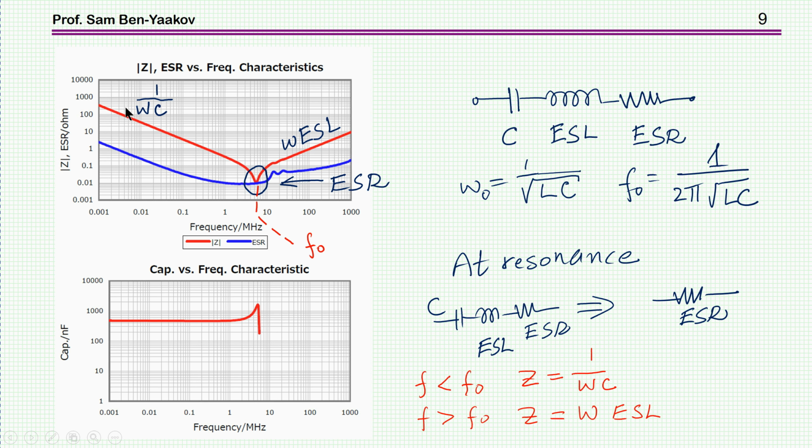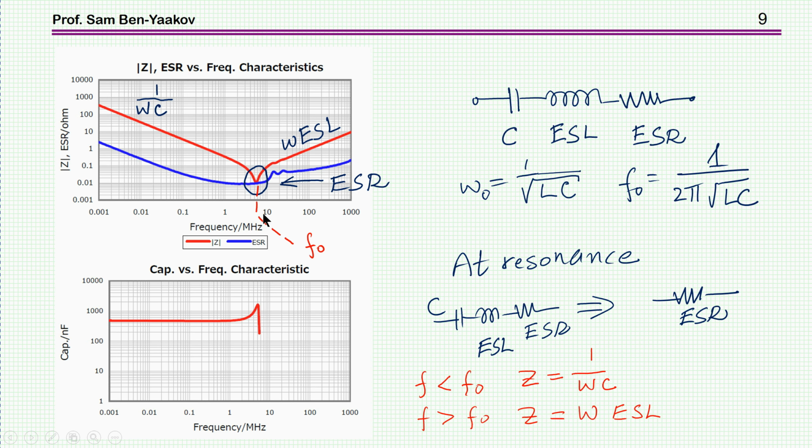Now, how is it represented in a graphical way. This is frequency in a log scale, and this is the impedance in a log scale. So in a log scale, 1 over omega C is a straight line. And we see here how this impedance is going down as the frequency goes up.